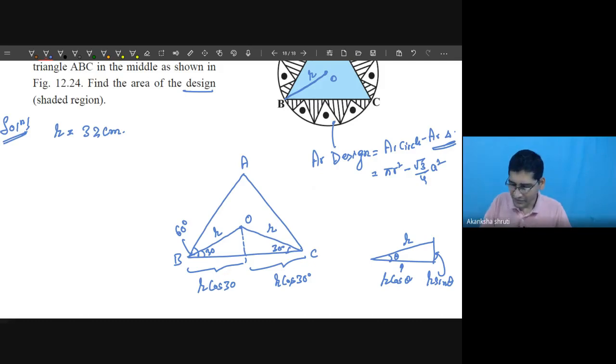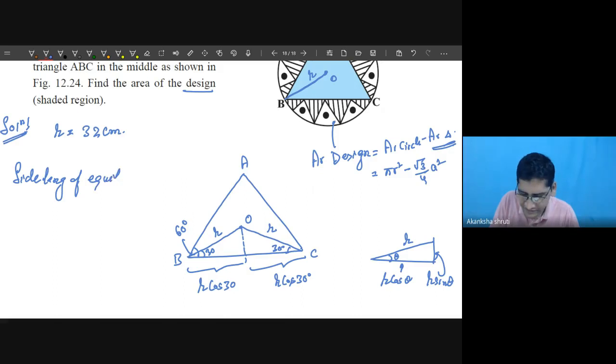So therefore this entire side length of the equilateral triangle, all the sides will be equal, whether you are calculating AB or AC or BC.